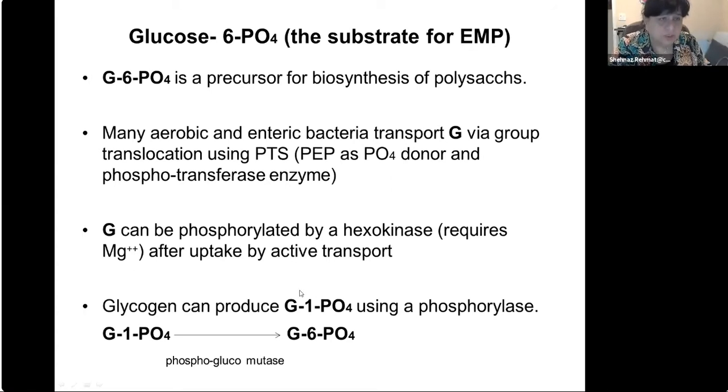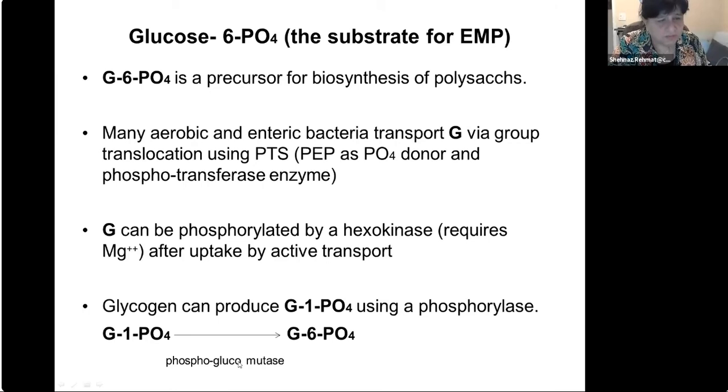Another source of this glucose 6-phosphate, which is the substrate for your EMP, is that the cell may have stored glycogen. These glycogen molecules can be converted to glucose 1-phosphate using a phosphorylase enzyme, and then glucose 1-phosphate can be converted to glucose 6-phosphate, which is the substrate you're looking for, right?